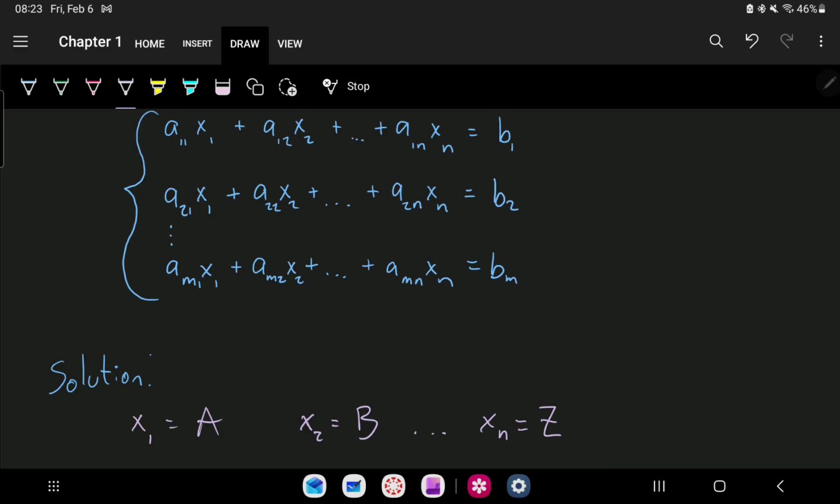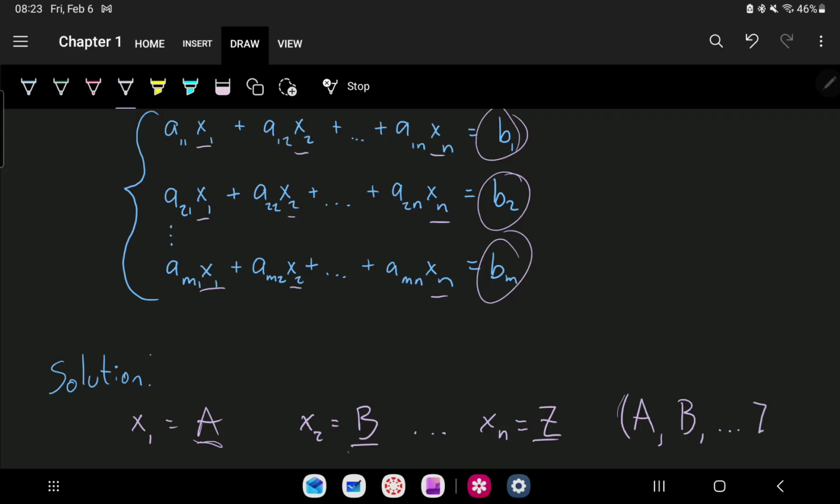The idea is that we can plug this number a into all of these x1s, this number b into all of these x2s, and this number z into all of these xn's, so that all of these equations are true. When we do that, we're going to write it out in a form that's going to look like a coordinate system. So the notation is just these parentheses, a, b, all the way until z.